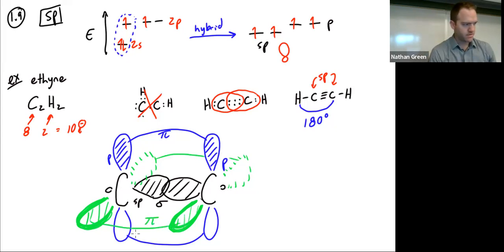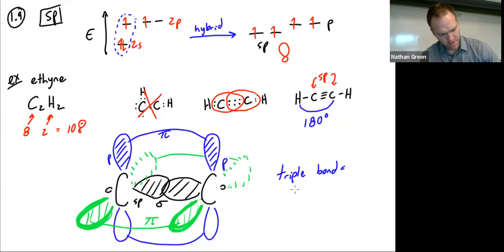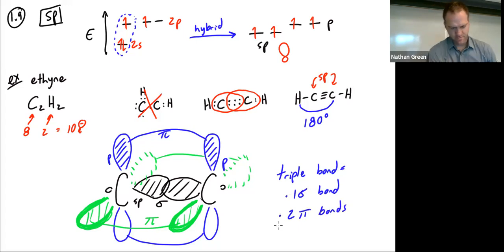A triple bond equals 1 sigma bond and 2 pi bonds.